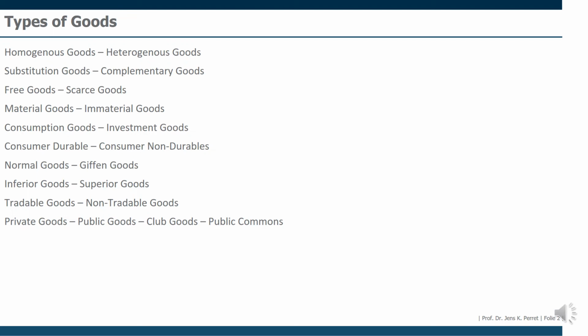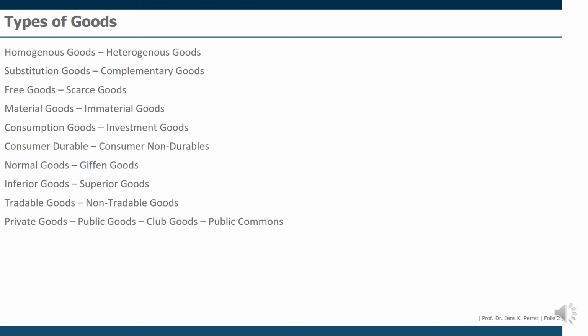However, then we also have those goods where there is neither excludability nor rivalry. That could be lighthouses. If one boat consumes the light from the lighthouse, it's not really gone. The light is still there. Another boat can still consume this. However, it's pretty hard for the lighthouse to exclude one boat from the consumption of the light.